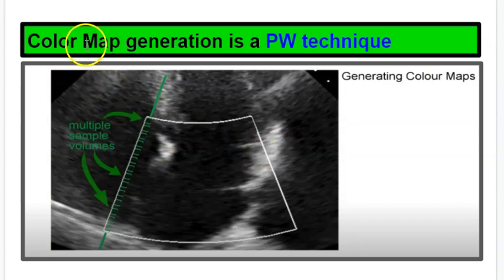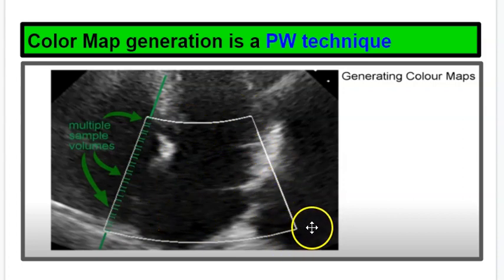We talked about how the machine generates the color map. It's a pulse wave technique, and it uses multiple scan lines with these little pulse wave markers in it. And you got to think about that. That's bing, bing, bing, going back and forth here, and going back and forth, back and forth. Each one of these is represented in multiple scan lines through this area.